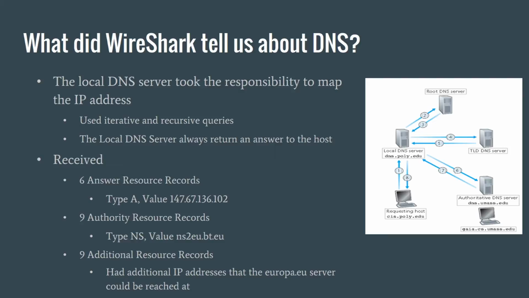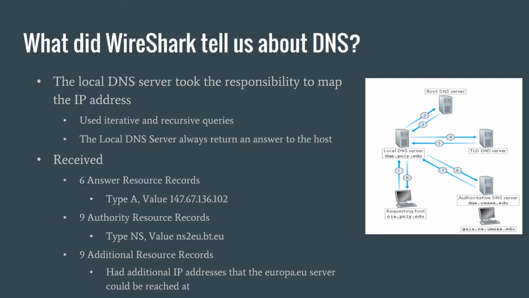I also deduce this from the fact that the local DNS server always returns an answer to the host from the information that Wireshark provided to me. And I determined this because I always received the same IP address that was given to me for the local DNS server here on campus.